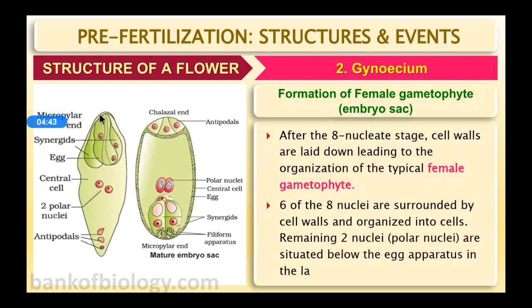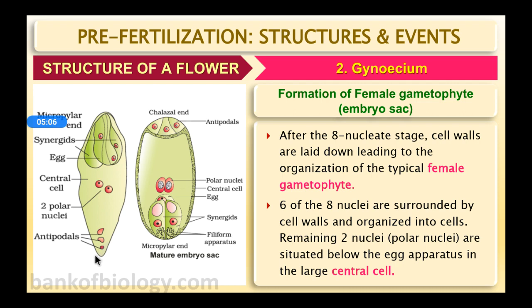The 2 ends we already discussed in the last class: the ovule has the micropylar end and the opposite of that, the chalazal end. In this diagram, upside down, this is the micropylar end, and here it will be the chalazal end.